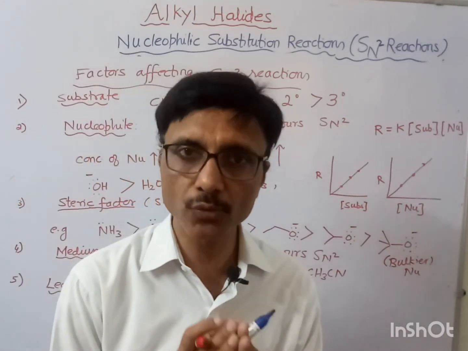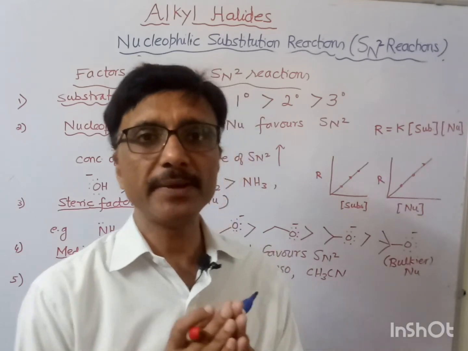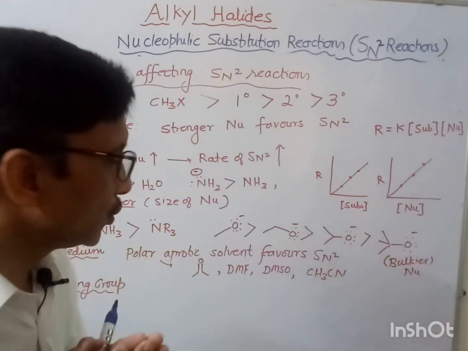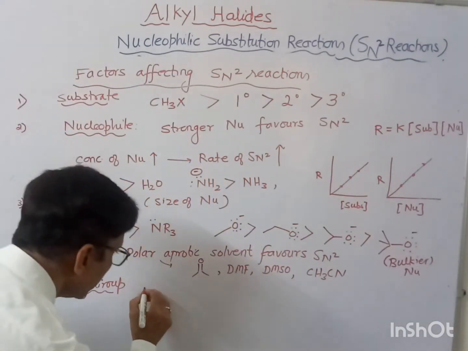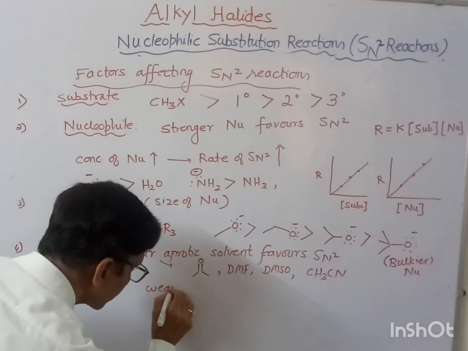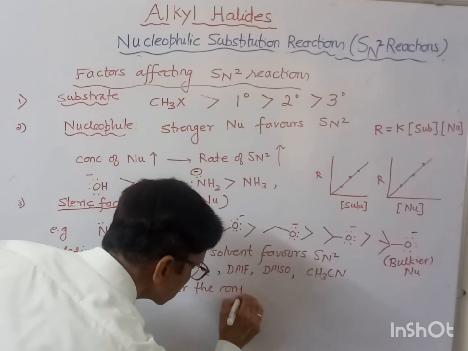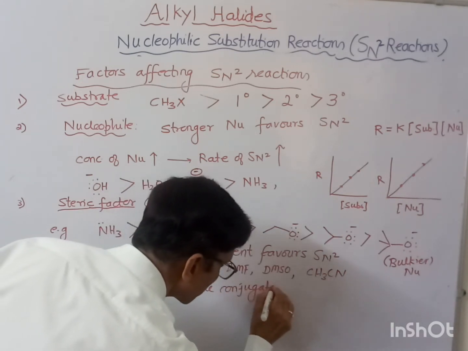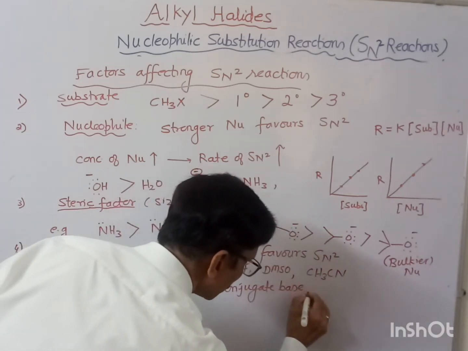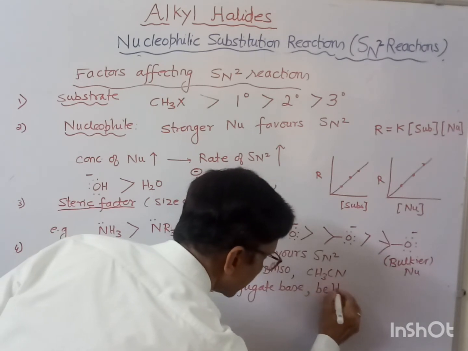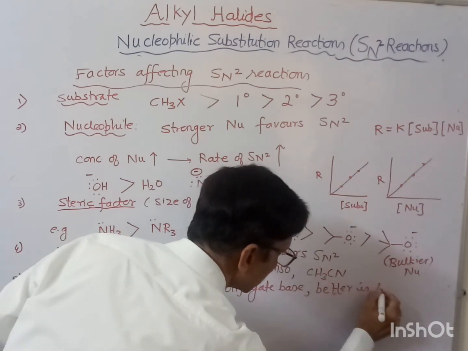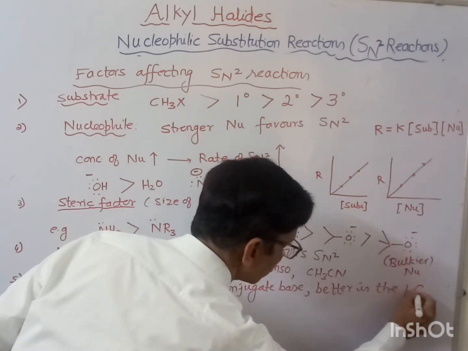So the rule I told you: weak conjugate bases are strong leaving groups. The weaker the conjugate base, the better the leaving group.